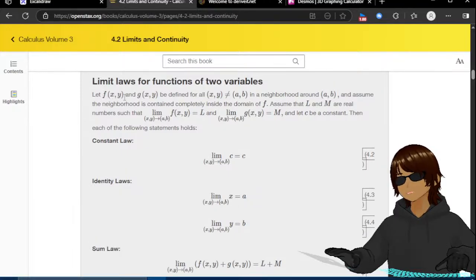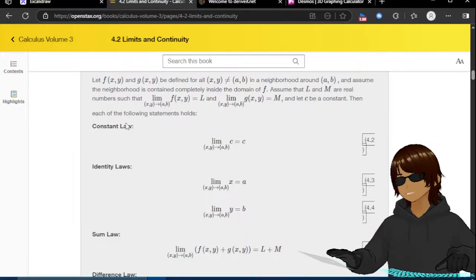So let f(x, y) and g(x, y) be defined for all (x, y) not equal to (a, b) in a neighborhood around (a, b), and assume the neighborhood is contained completely inside the domain of f. Assume that L and M are real numbers such that the limit of f as (x, y) approaches (a, b) goes to L and the limit of g goes to M. Let c be a constant. Then each of the following statements holds.